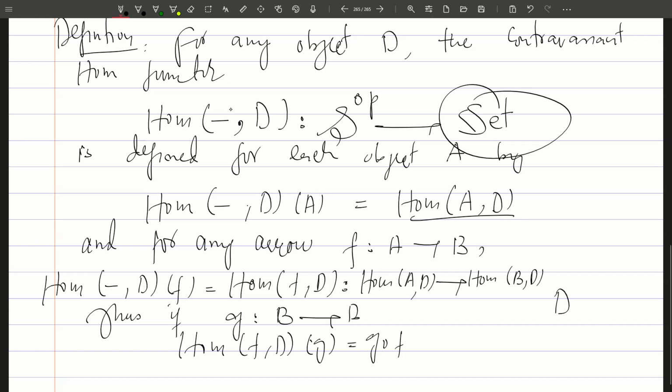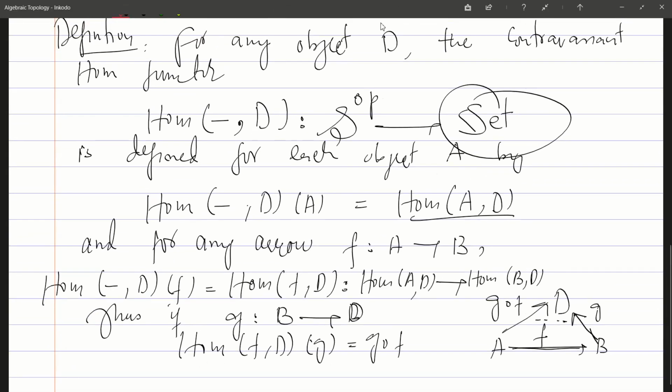So we have D here, we have A, we have B here. This is a morphism f, and from B to D, we have the morphism g. Now this g is carried to this morphism. So this is g composite f.